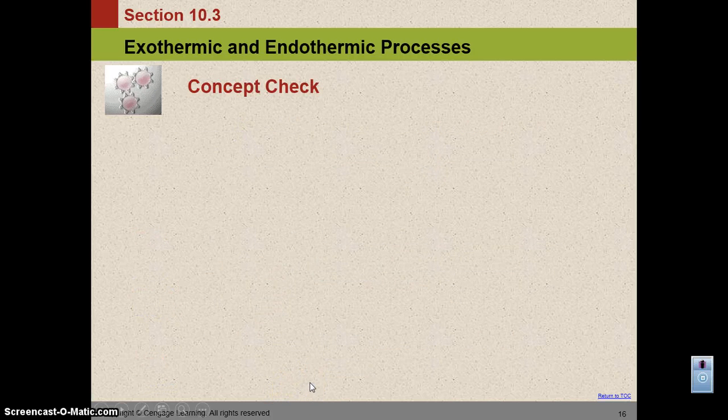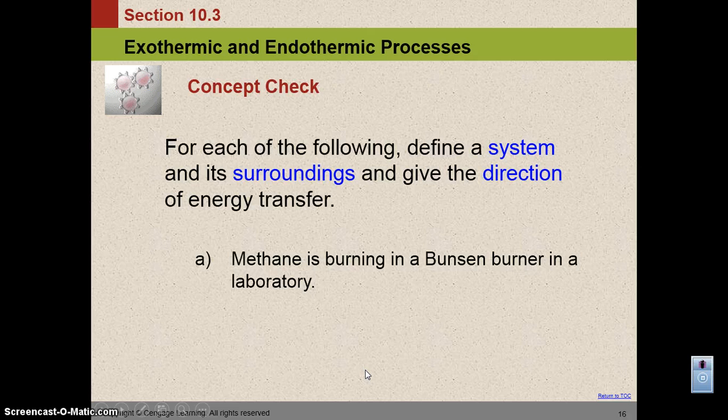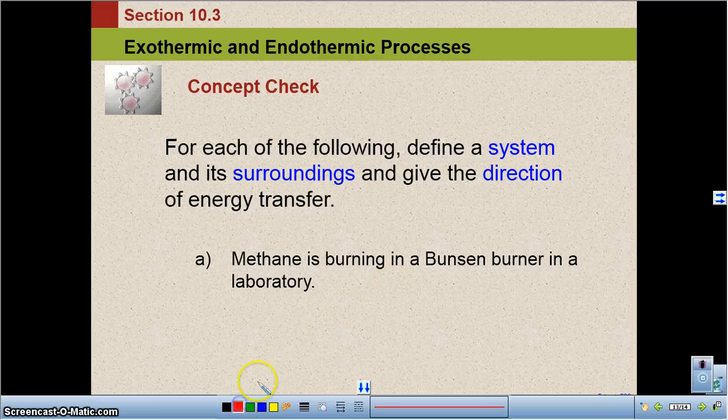All right, let's look at this next concept check. For each of the following, we're going to define the system, find its surroundings, and define the direction of energy transfer. What about methane burning in a Bunsen burner inside a laboratory? First of all, we know automatically this is an exothermic reaction, and it's exothermic because we're giving off heat to the surroundings.